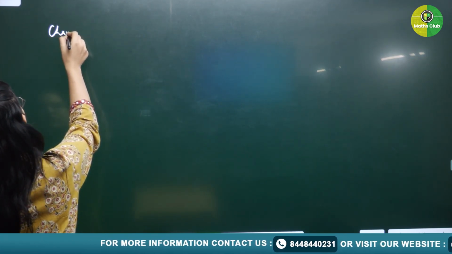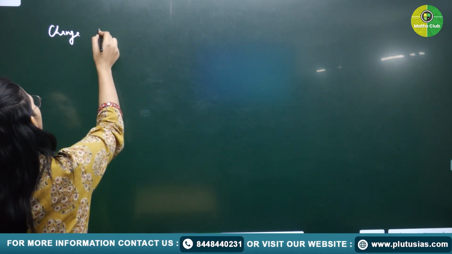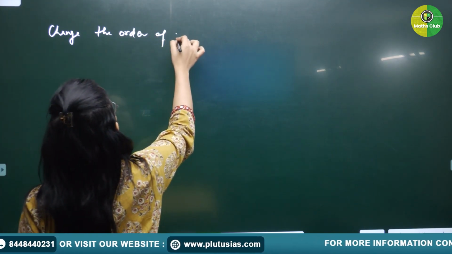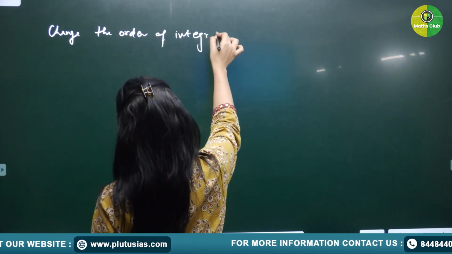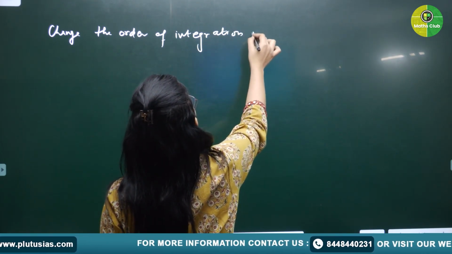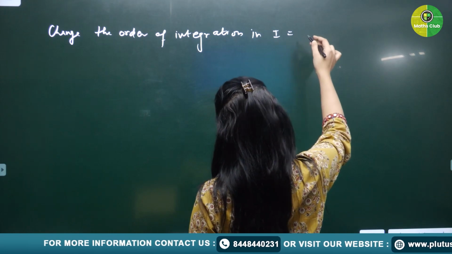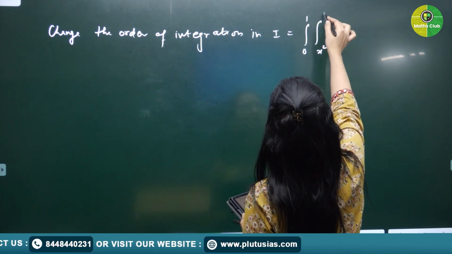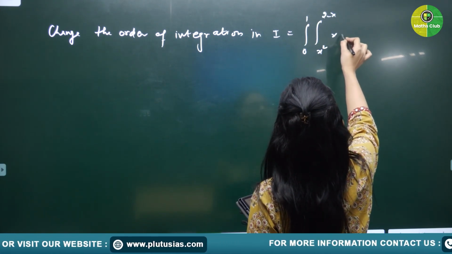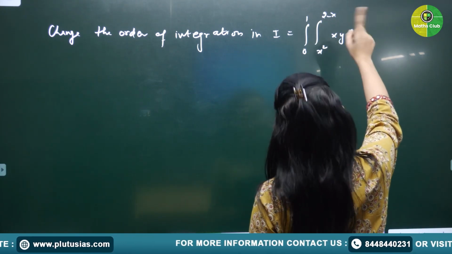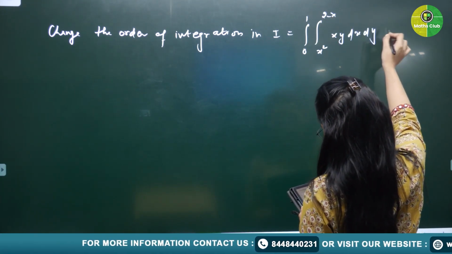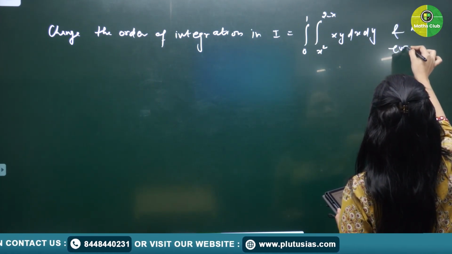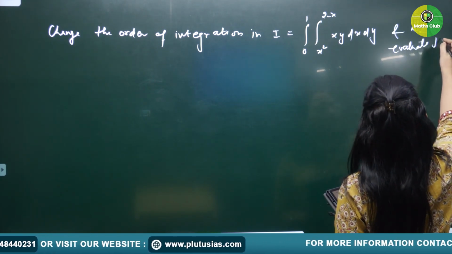Change the order of integration in integral I, which is given by integral 0 to 1, and then we have x square to 2 minus x, xy dx dy, and hence evaluate the shape.